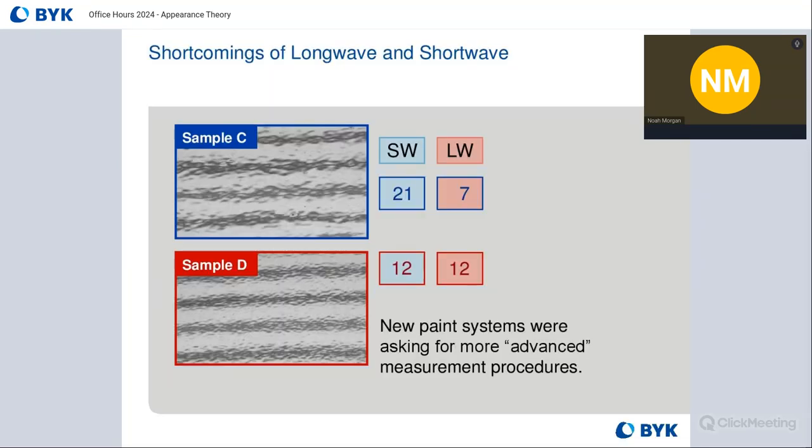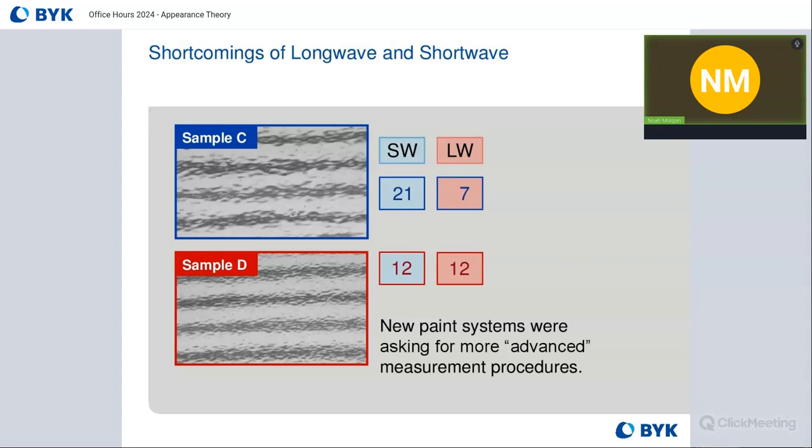Here are two more samples, but these highlight the issues with using just the short wave and long wave system. Sample C appears visually wavier. We see that it has a much higher short wave and a very low long wave. Then sample D appears to have more smaller structure.